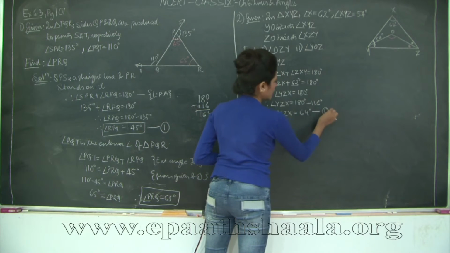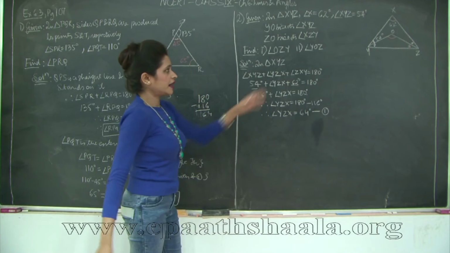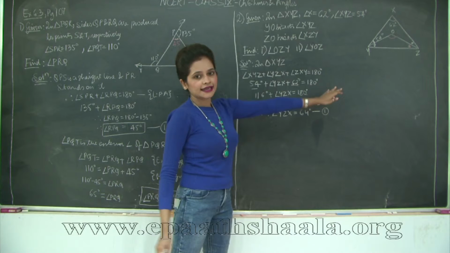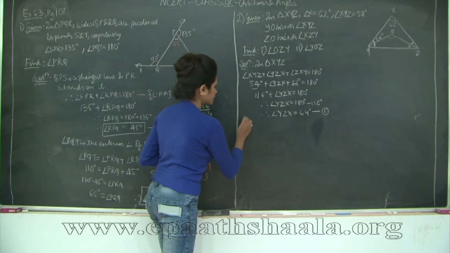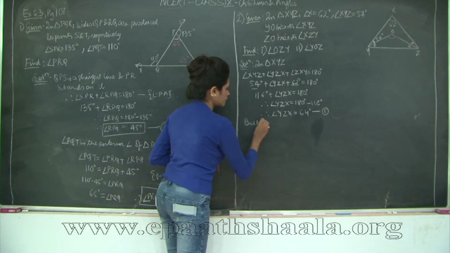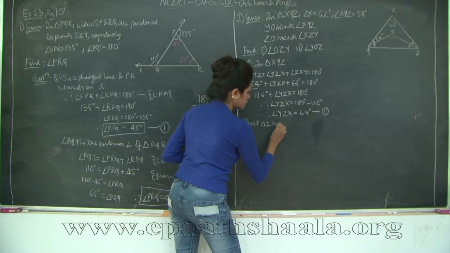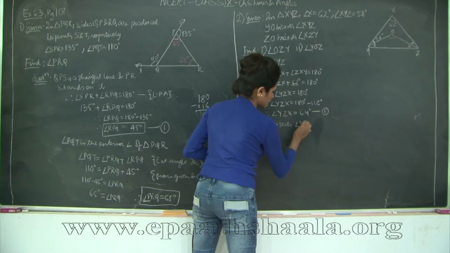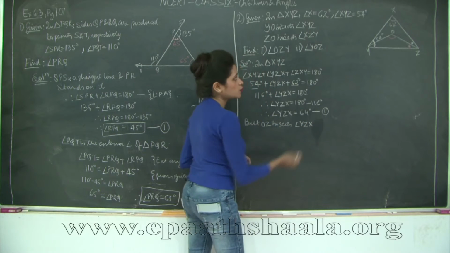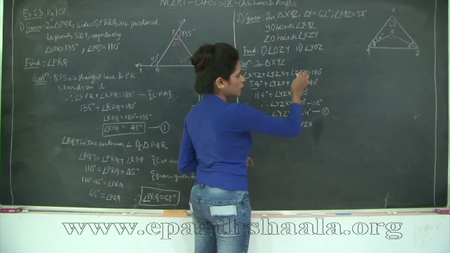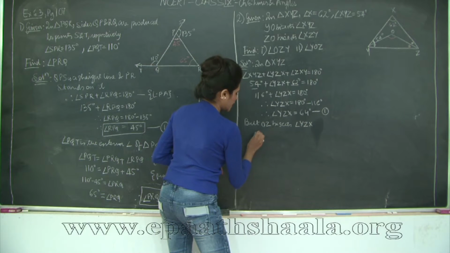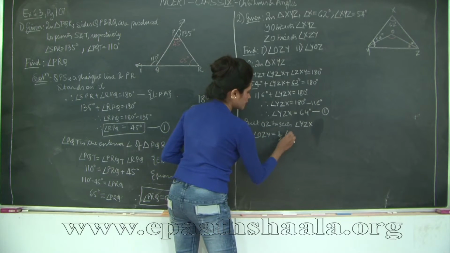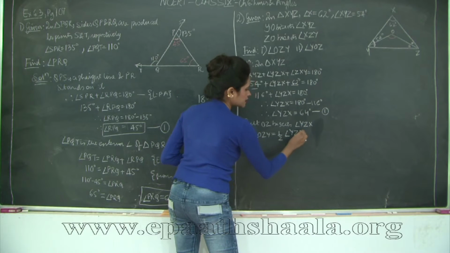I'll mark this as 1. Correct? But OZ bisects angle YZX, correct? Therefore, what do we have? We have angle OZY. OZY is equal to half of angle YZX.